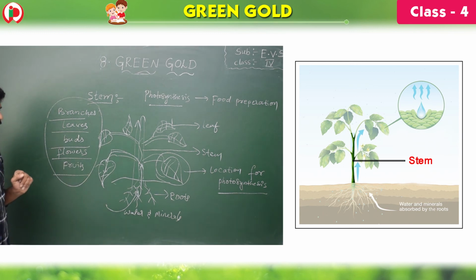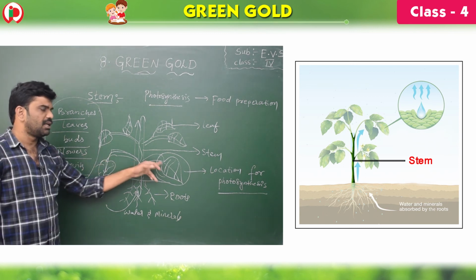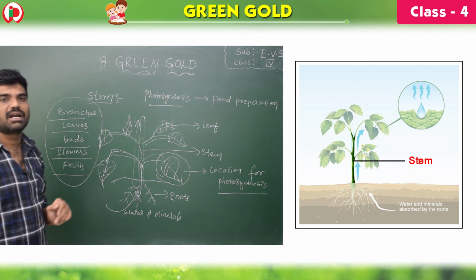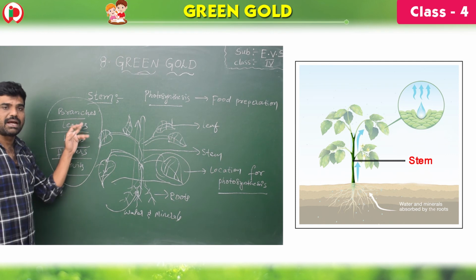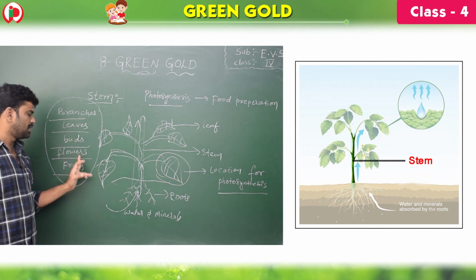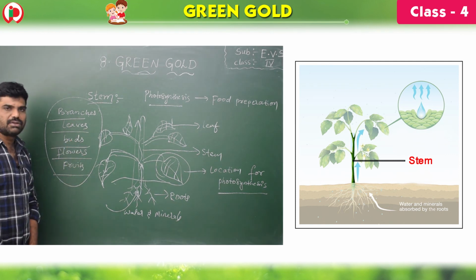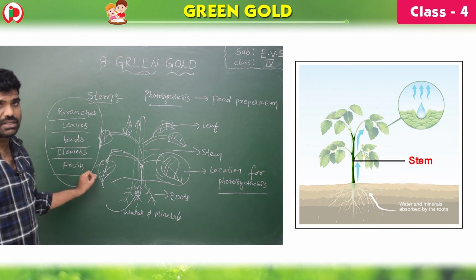Third one, this stem allows the leaves to be exposed to the sunlight for food preparation. Stem bears branches, leaves, buds, flowers, and fruits. Okay, so this is about the stem.